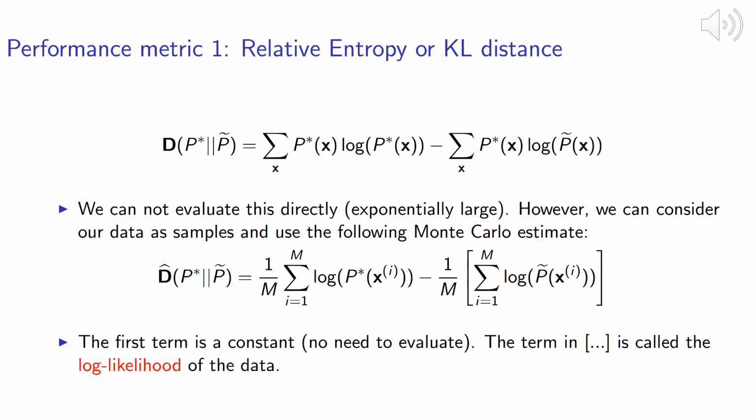Since our performance metric is KL divergence and we want to minimize it, KL divergence is now directly proportional to negative log likelihood, and we want to minimize negative log likelihood. This is another way of saying that we want to maximize the log likelihood.